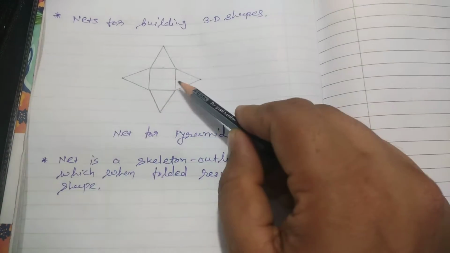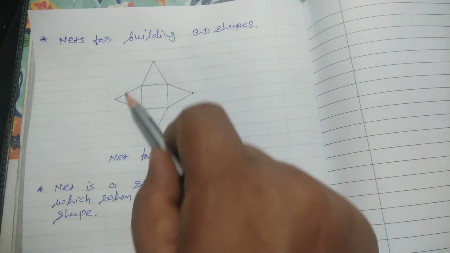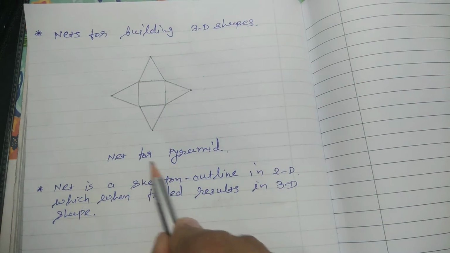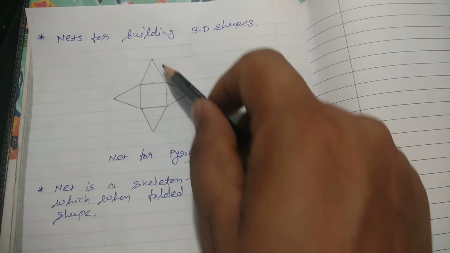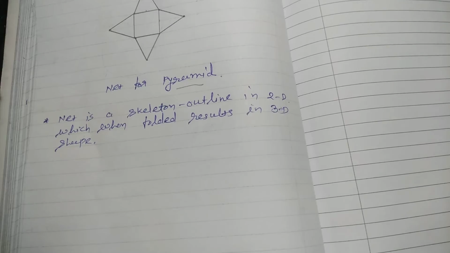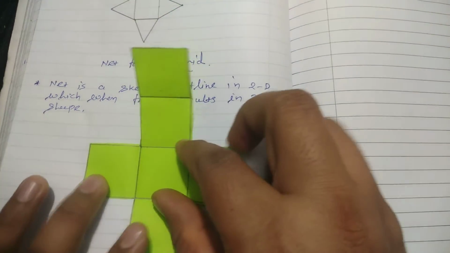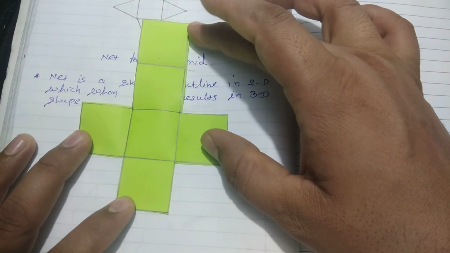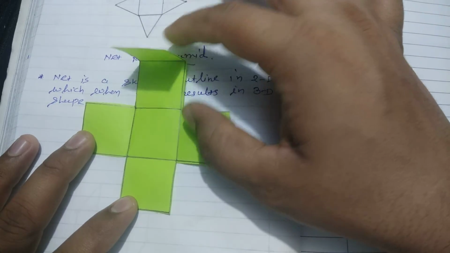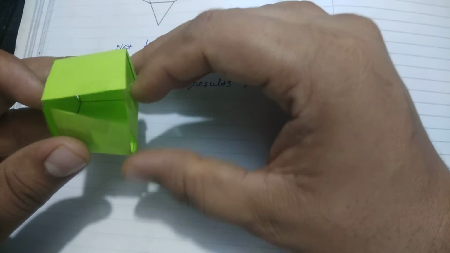Here, this 2-dimensional skeleton outline is for a 3-dimensional shape which is called a pyramid, and this is called a net of a pyramid. The paper cube which I am showing you, the net of that paper cube is this one. When I fold from these lines this way, I get a cube.